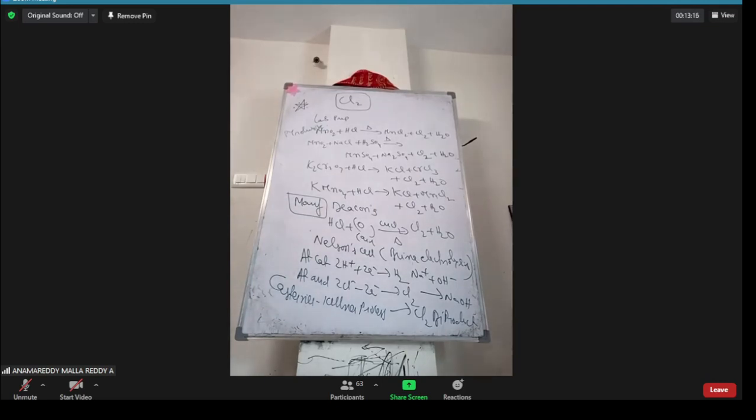Deacon's process, Nelson cell process, Castner process: in large scale, chlorine is produced. Chlorine is a byproduct in all these processes.